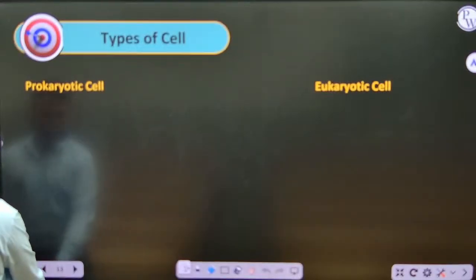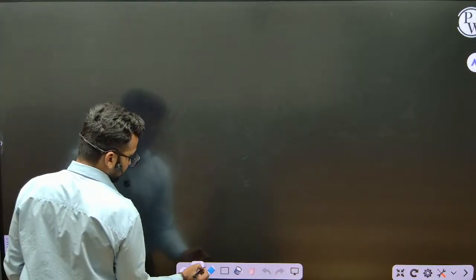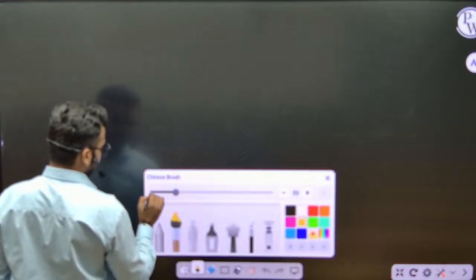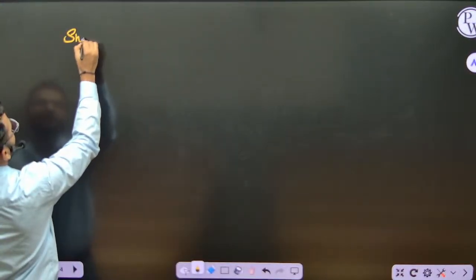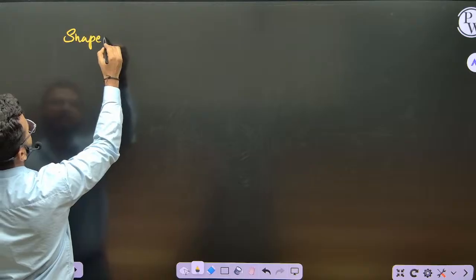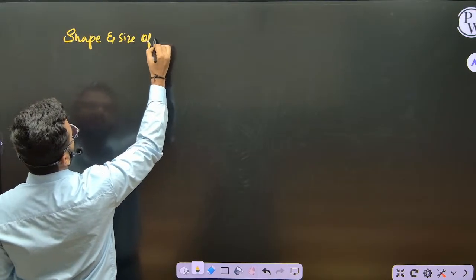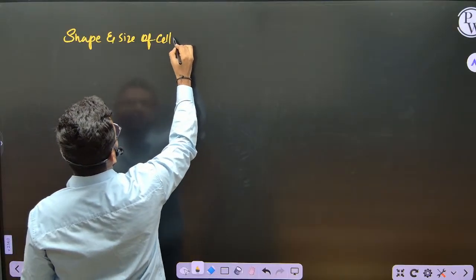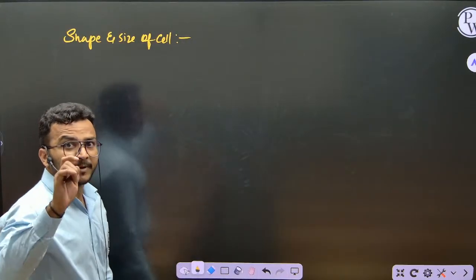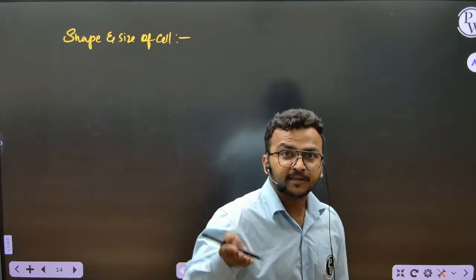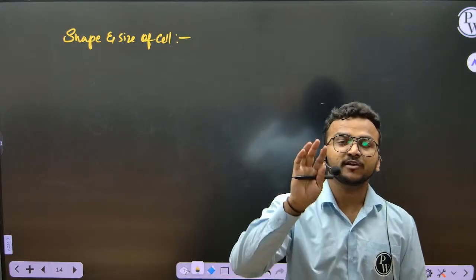Coming to the shape of the cell, I will be writing here: shape and size of the cell. This shape and size of the cell differs with respect to the functions of the cell.